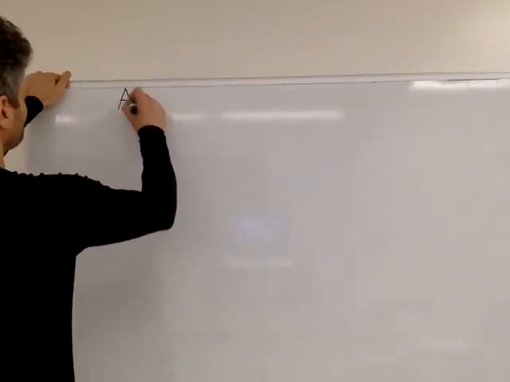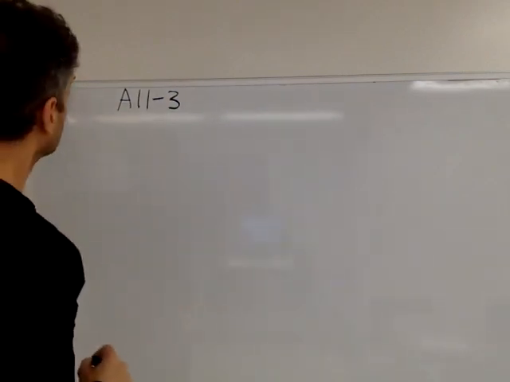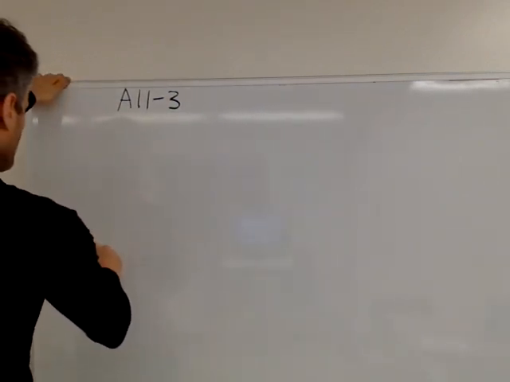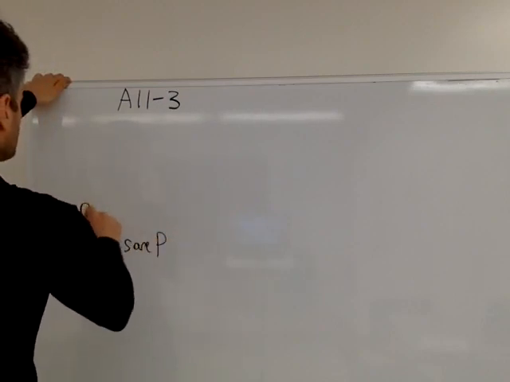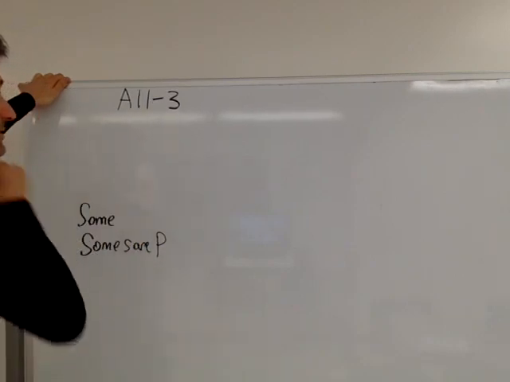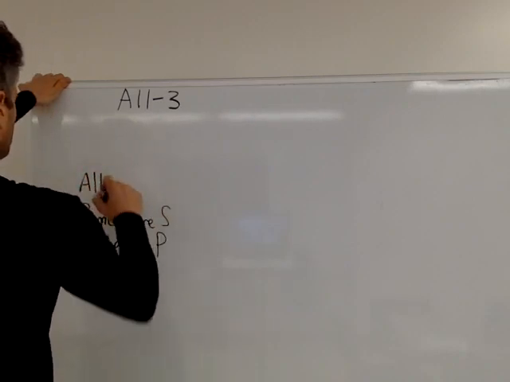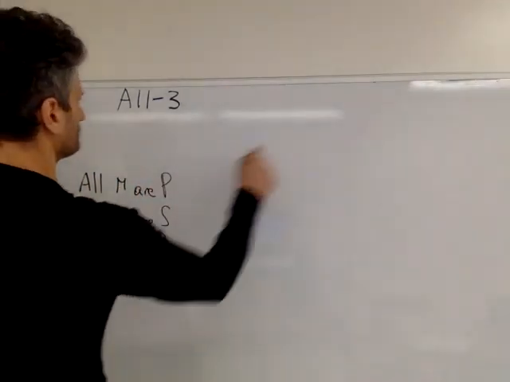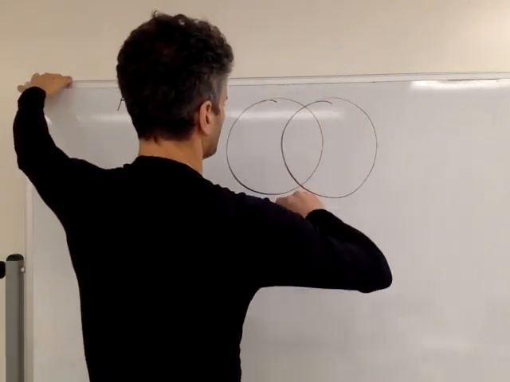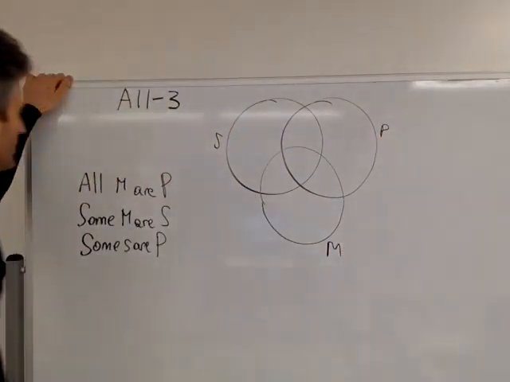Let's have an AII3. Okay. AII3, so we have some S are P, some M are S, and all M are P. Okay.